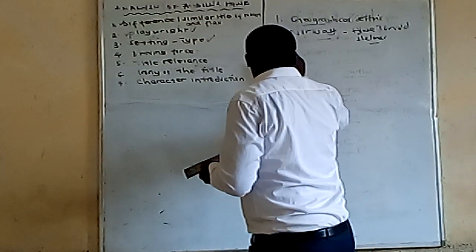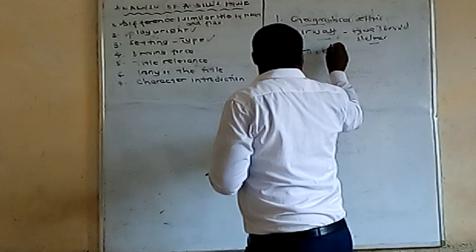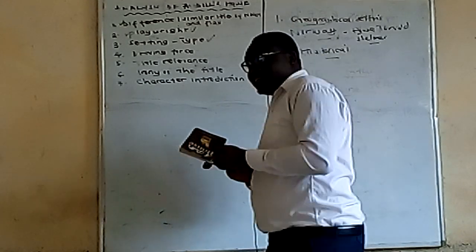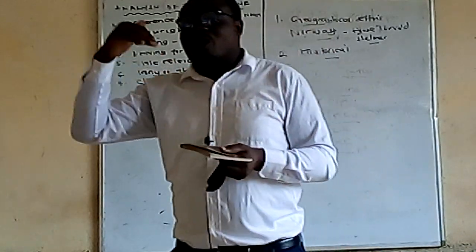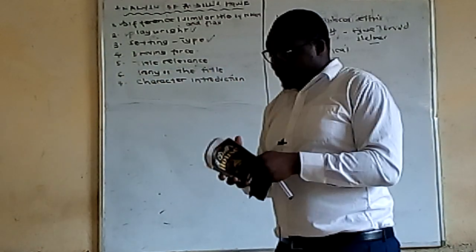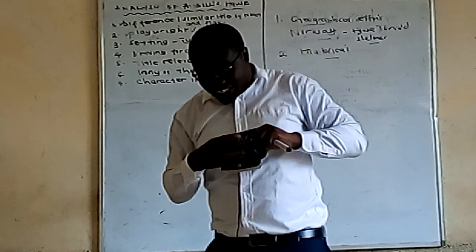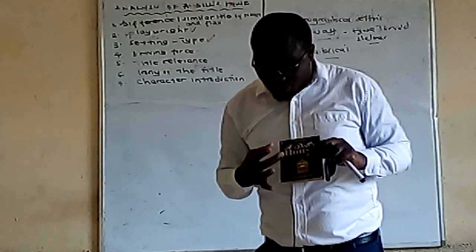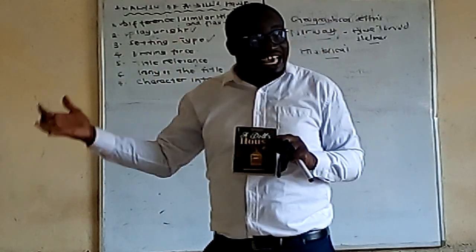Then the second setting that I will talk about is what we refer to as the historical setting. Historical setting is the time period when it was written. If you analyze the book very well, you find that this book was written in an era that we call the Victorian era.